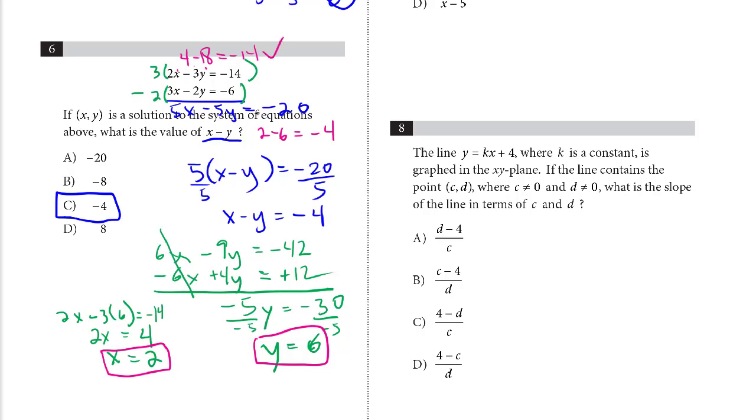That checks. The next equation, 3 times 2 is 6, minus 2 times 6 is minus 12. So 6 minus 12 does equal minus 6. The second equation checks as well. Even if we only did this second option, we now can confirm with confidence we have the right answer.